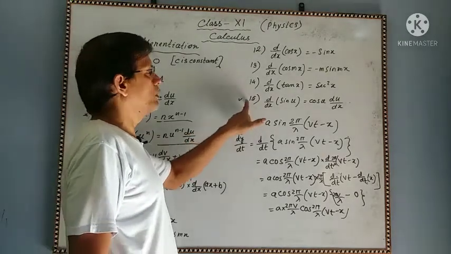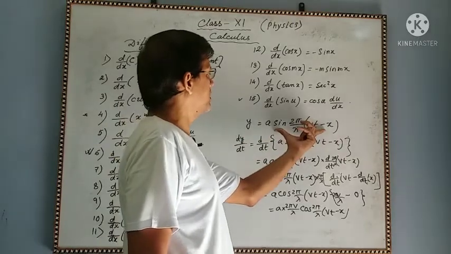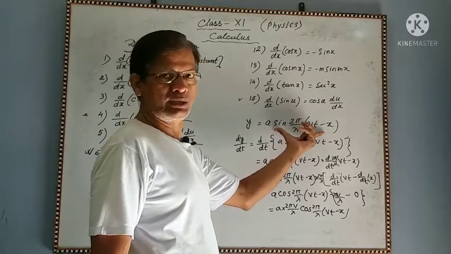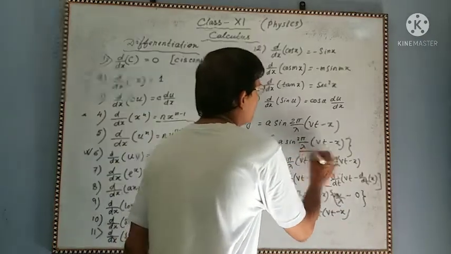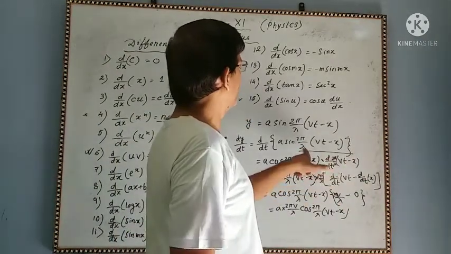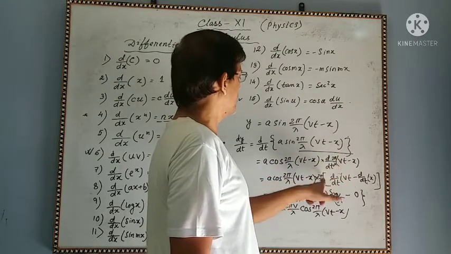So you have to practice this. First you differentiate this, differentiation of sin means cos, and then differentiation of this whole term. So d by dt of whole term, and 2 pi by lambda is constant, taken out.